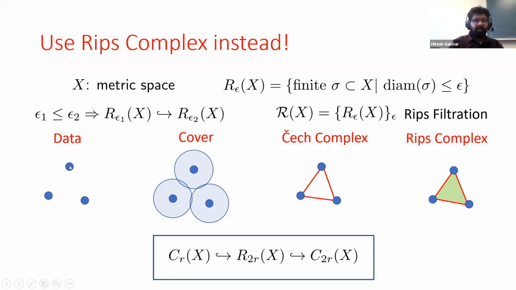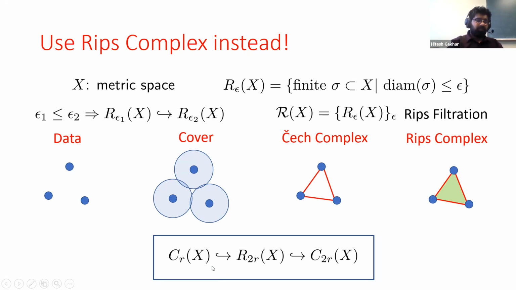Now, one basic difference essentially was, by means of example, that if you have three data points, you draw a cover around them. Because all three of them intersect with each other, the Čech complex is not going to give us a solid triangle. It's going to give us three different edges. But a Rips complex at twice the radius for the distance threshold is going to give us this whole triangle.